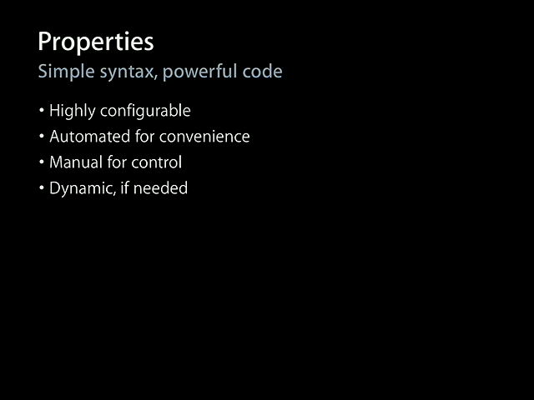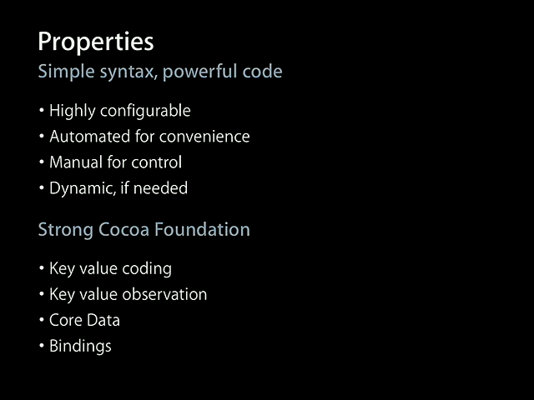Or they can be fully dynamic. And by using properties, you are automatically achieving compliance with what is necessary to fit into that Cocoa foundation, to provide a foundation on top of which very rich Cocoa applications can be naturally developed.